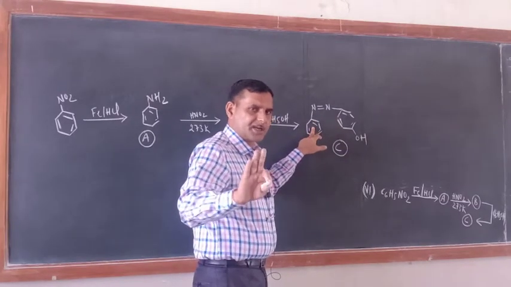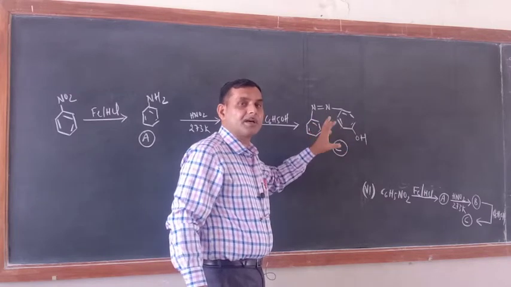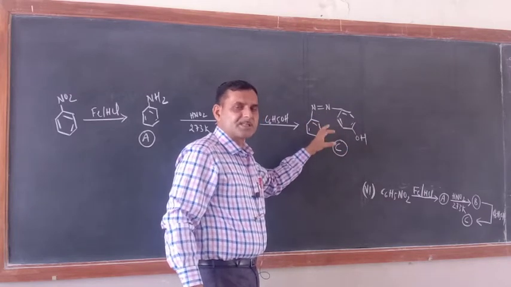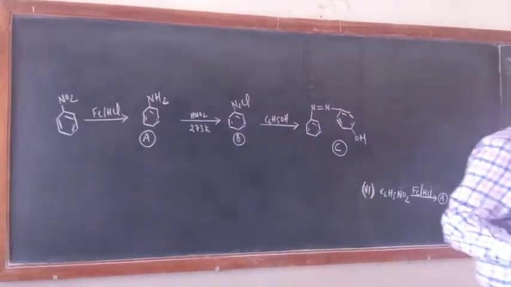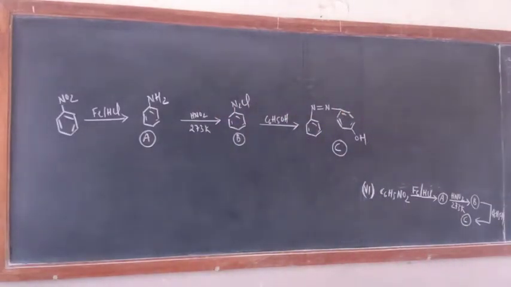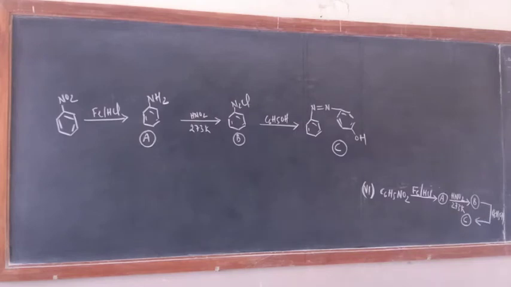So it is understood that the word azo means you are holding the two benzene rings. Diazo group is holding two benzene rings, so there is no need to tell benzene two times. Okay, so this is your C. In this way this exercise is finished.